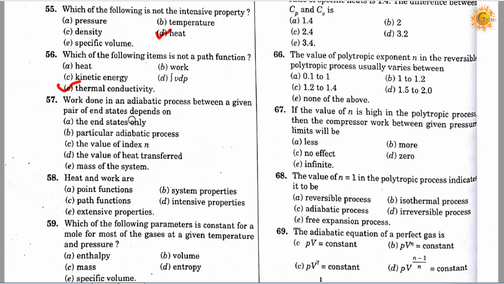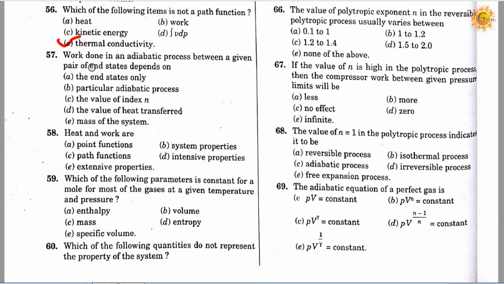Question number 57. Work done in an adiabatic process between a given pair of end states depends on: option A, the end states only; option B, particular adiabatic process; option C, the value of index n; option D, the value of heat transferred; option E, mass of the system.